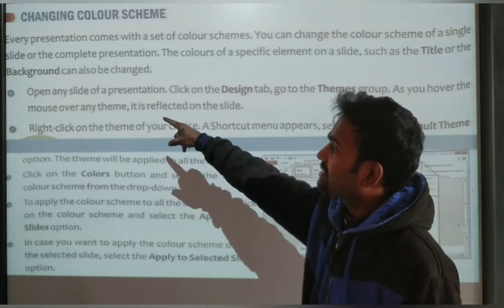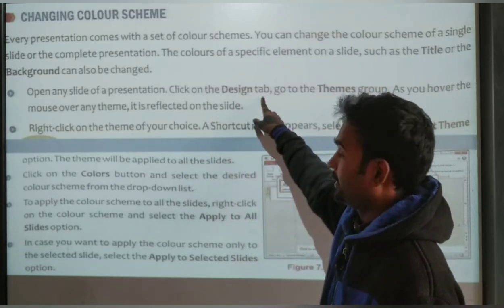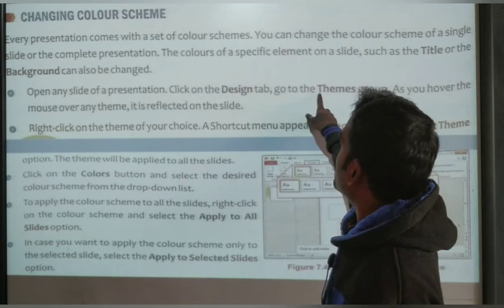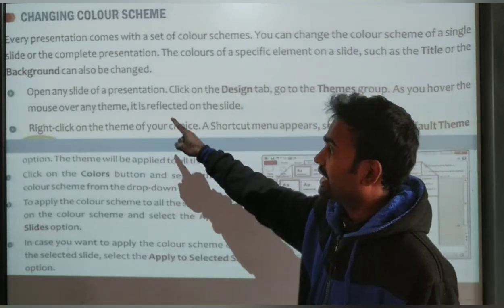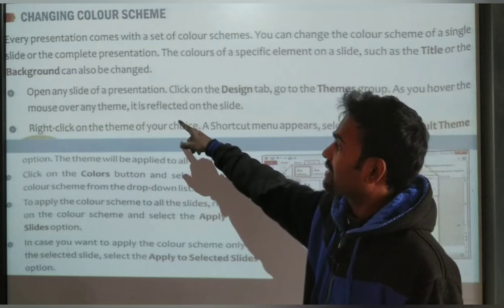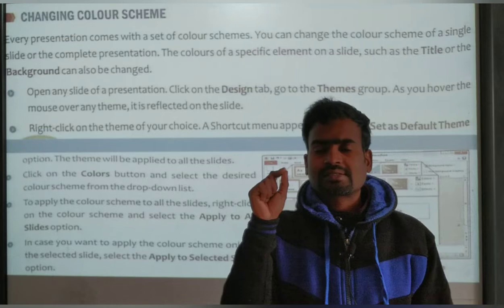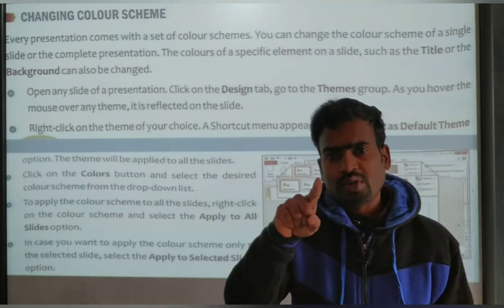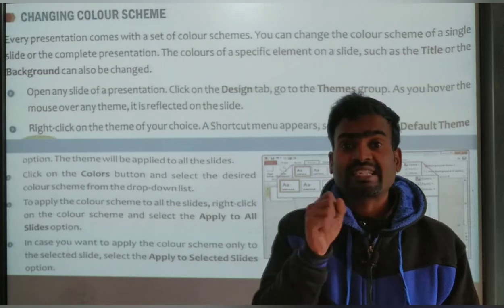Open any slide of a presentation, click on the design tab that we have learned, and go to the themes group. As you hover the mouse over any theme, it is reflected on the slide. We don't need to select it. If you keep the mouse pointer over there, that theme will be shown.